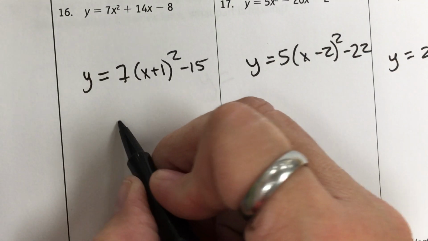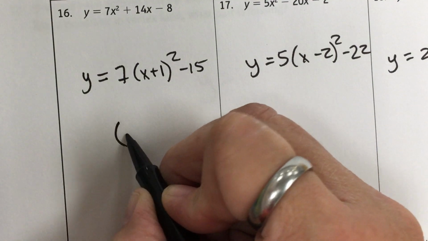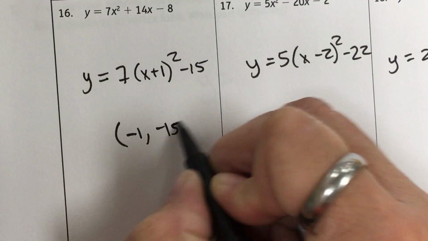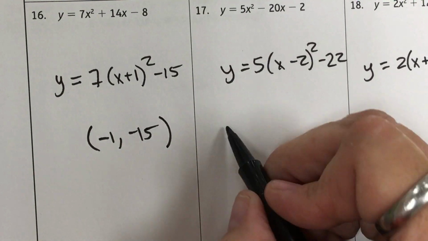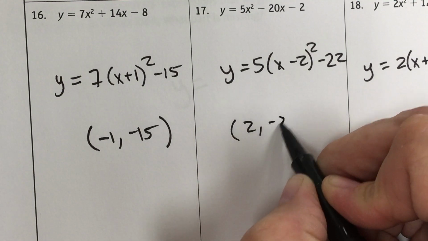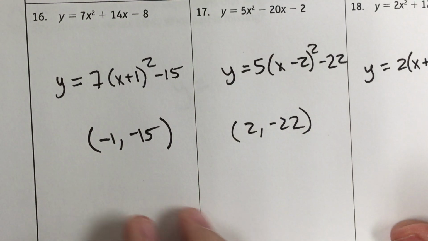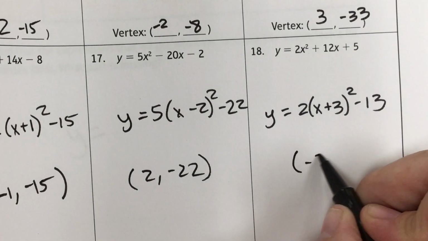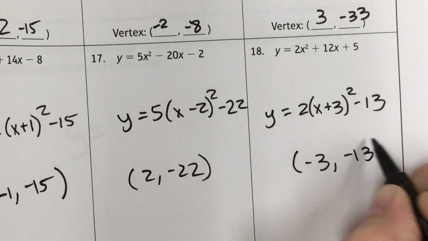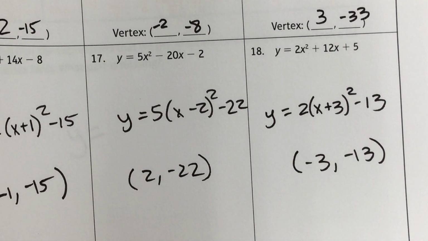I'm going to just write the vertex here so that we can actually see it. I got this for the first one, or for 16, 17, and let's move the paper just a tad so that we can actually see this. -3, -13. So that is lesson 23.